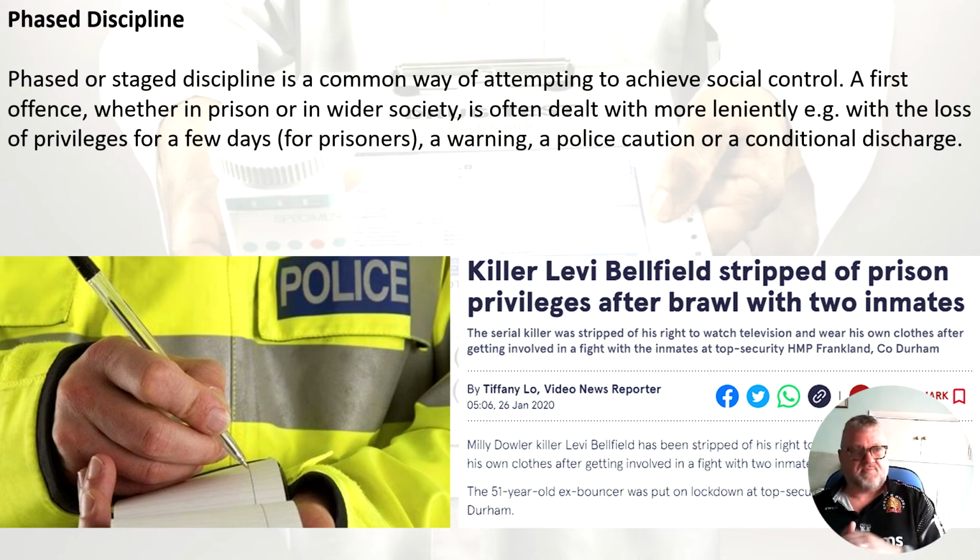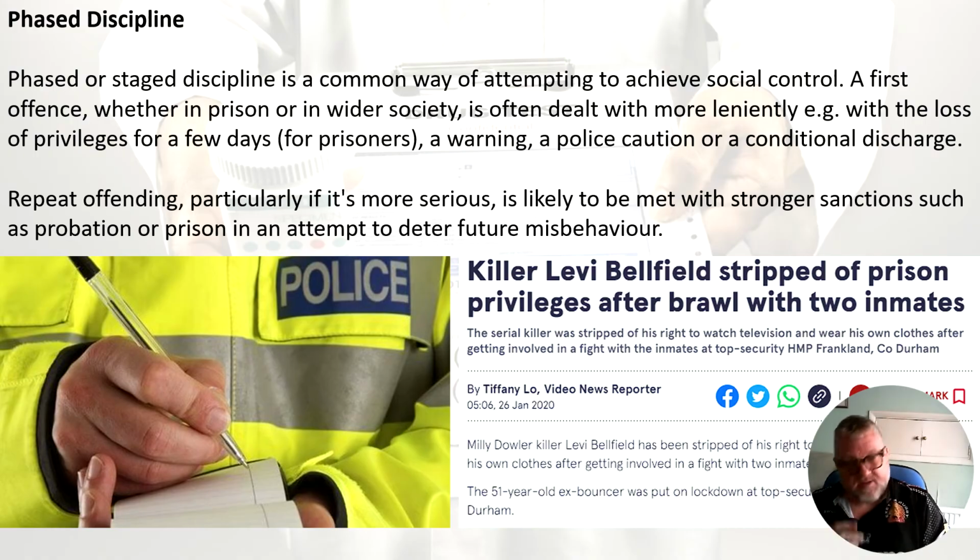So loss of privileges for a few days, a warning, a police caution, a conditional discharge. If you repeat the offence, particularly if it's more serious, then you're likely to get stronger sanctions, such as probation or, in prison, an attempt to deter future misbehaviour. So this is what we mean by phased discipline. As you commit more offences, the punishments get harsher.